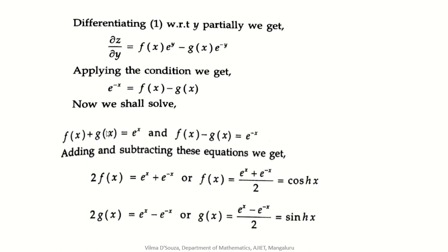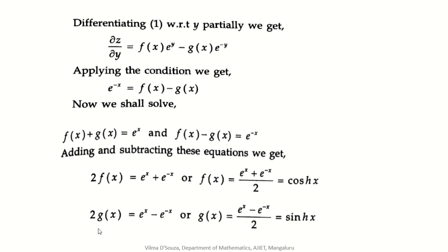Similarly, you subtract the first equation minus the second equation. F of x minus f of x, that cancels. G of x minus of g of x, that is g of x plus g of x. So on the left hand side you have 2g of x is equal to e power x minus e power minus x.